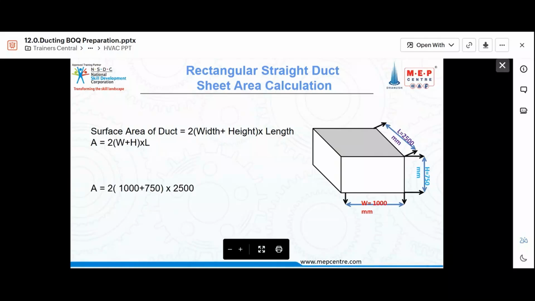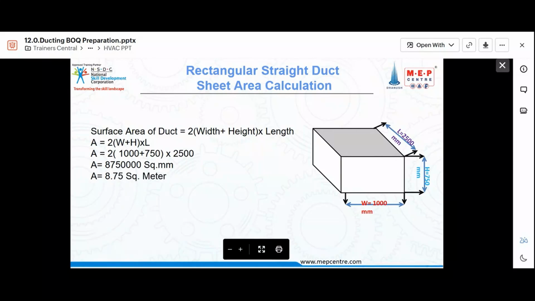Okay, so 2 into (1000 plus 750) into 2500 is 87 lakh 50,000 square mm. 10 lakh square mm equals 1 square meter, so we have converted it into 8.75 square meter.